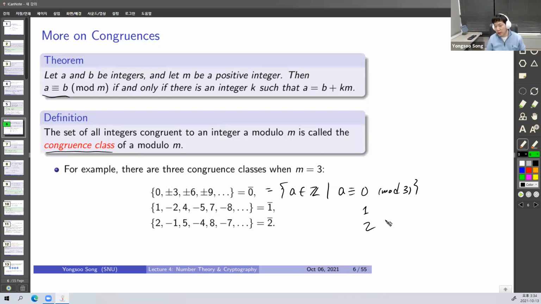So you can easily observe that every integer belongs to exactly one of these congruence classes. In other words, the set of integers can be represented as a disjoint union of these 3 classes. Disjoint union means that the union of these sets is the set of integers and there's no intersection between these 3 subsets.